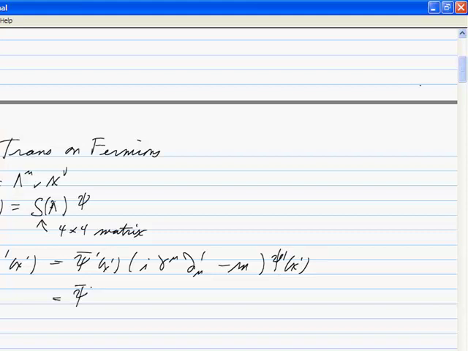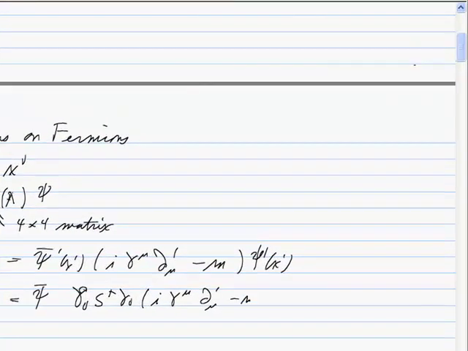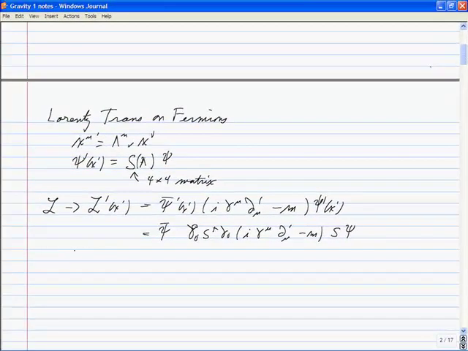This is then ψ̄ times γ^0 S† γ^0, and then I have (iγ^μ ∂'_μ - m) S ψ. γ^0 S† γ^0 is S^-1. That's required for the mass term to be invariant.